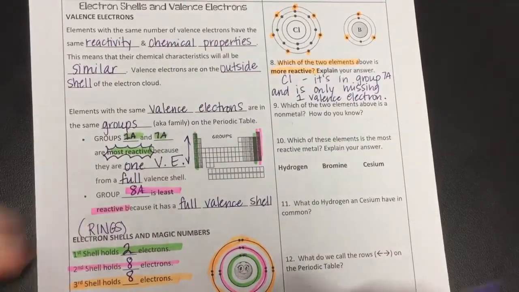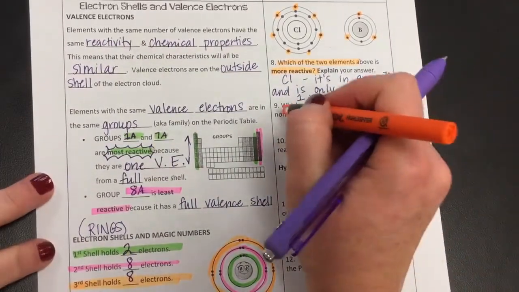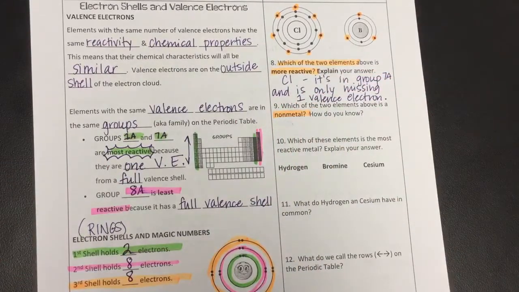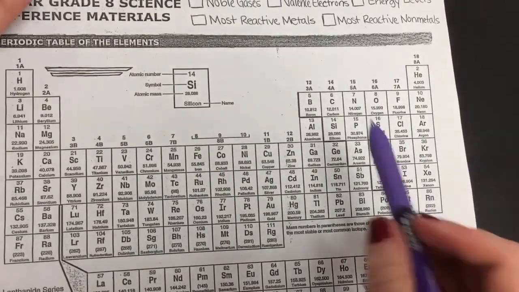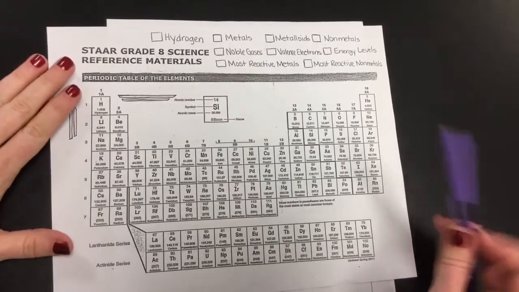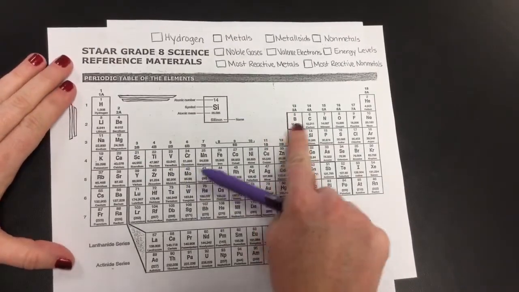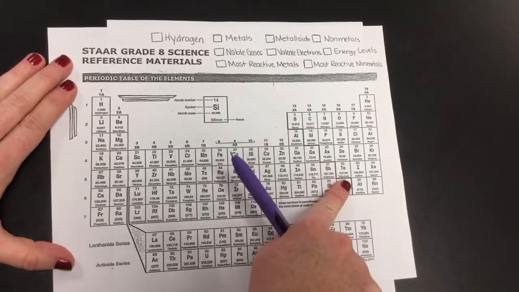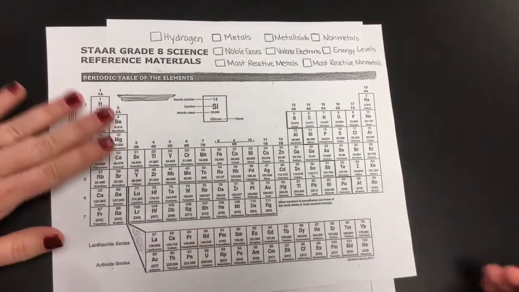Which of the two elements above is a nonmetal? Go to your periodic table and recall that we have metals on one side, nonmetals on the other side, and metalloids in the middle. Look for your staircase. Remember that boron is the moron that starts the stupid stairs.